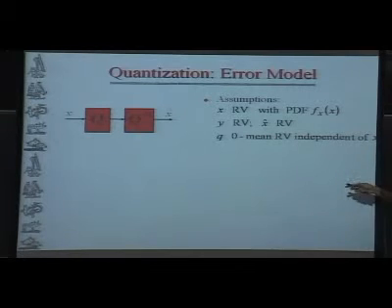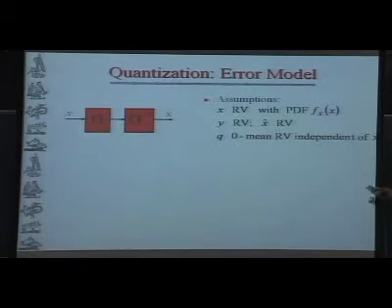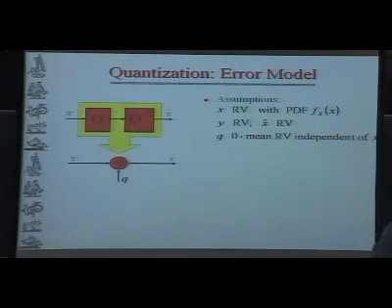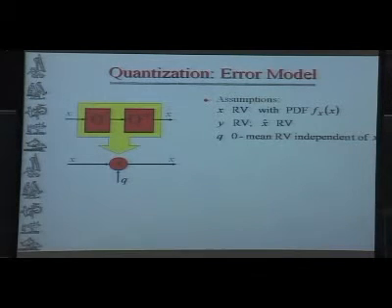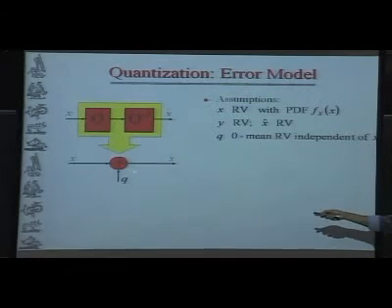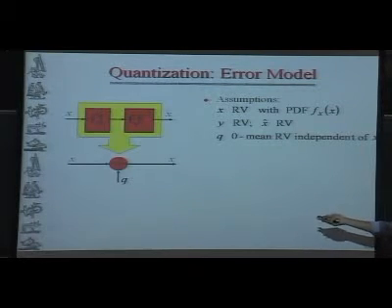Okay? So it turns out that y will be a random variable too, x hat will be another random variable, q is also another random variable, and I can model it this way. These two blocks, I imagine like adding noise to my original signal. Agree?